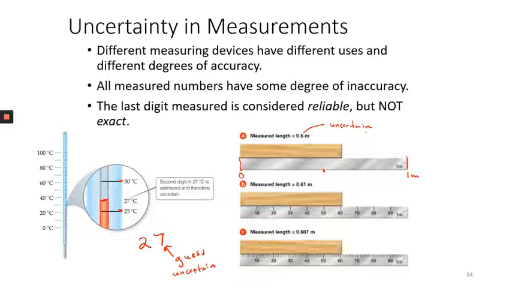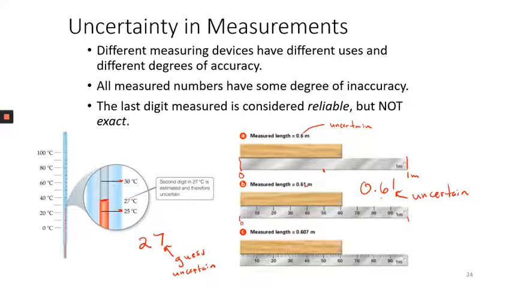Now we went and got a slightly better ruler, and it has more divisions. So now I can see that, yes, in fact, it is 0.6, but it's not exactly on the 0.6 line. It's a little bit off of it. So I'm going to guess the 1. In this case, the 1 is uncertain, and we are allowed to guess that because we know for sure the 6.